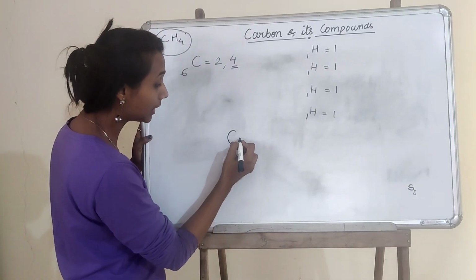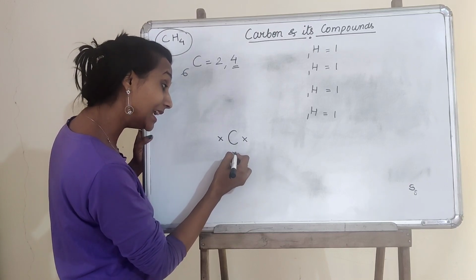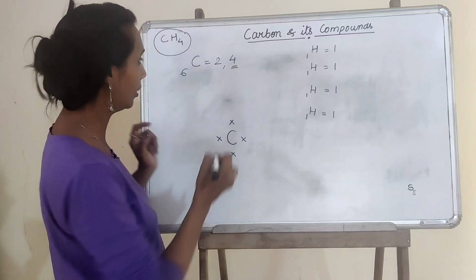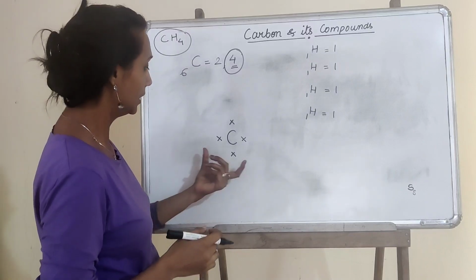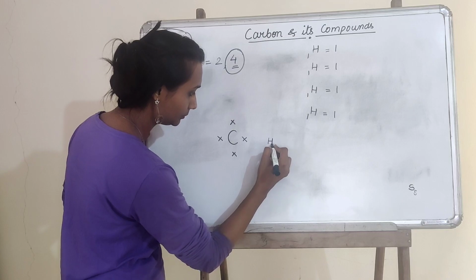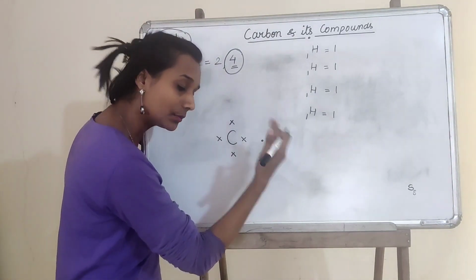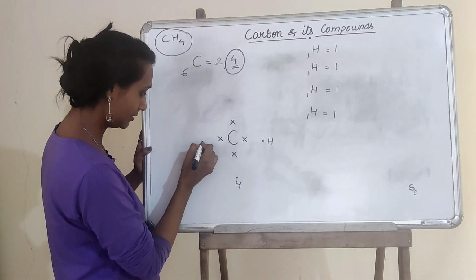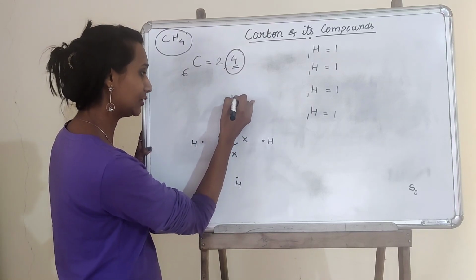Can you see here? I have drawn the 4 electrons of carbon because we are concerned only about the outermost electrons. Now, there are 4 hydrogen atoms. So, I have drawn a dot for each other atom. H. Again here H. Again here H.